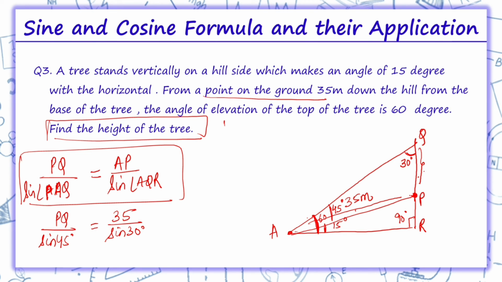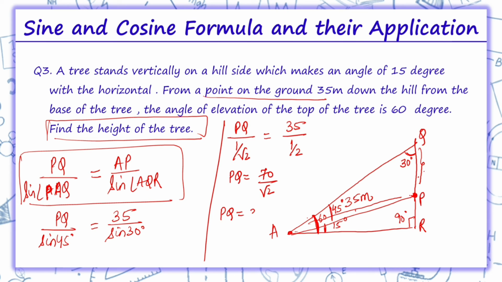Now when we solve it, we will get PQ, sine 45 is 1 by root 2, so 1 by root 2, here we have 35, sine 30 is equal to 1 by 2. So the value of PQ will be 70 by root 2. On rationalizing, we will get 35 root 2.